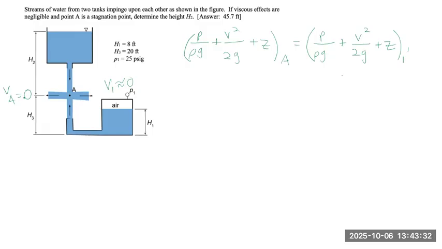And Z1 is going to be equal to H1, and ZA is going to be equal to H3. So ZA is going to be this height over here, which is H3. Sorry, and then Z1 is going to be H1.